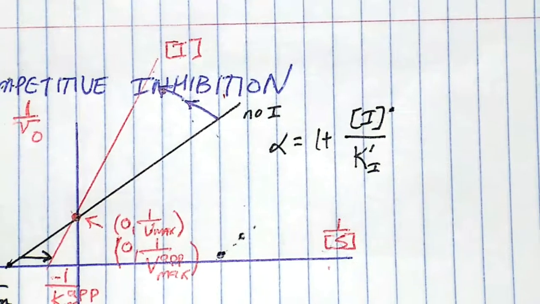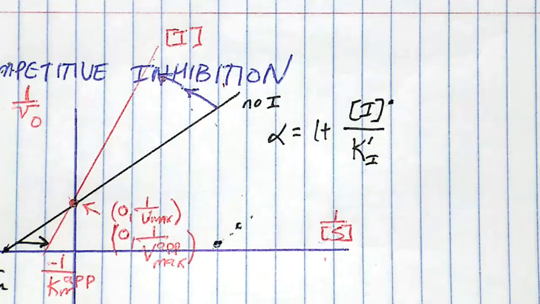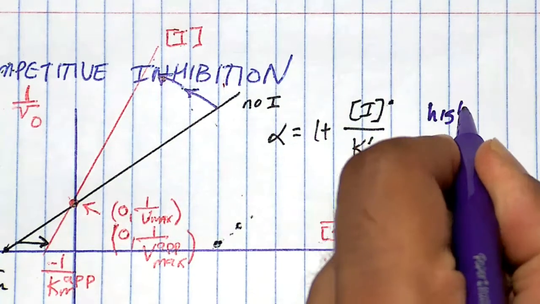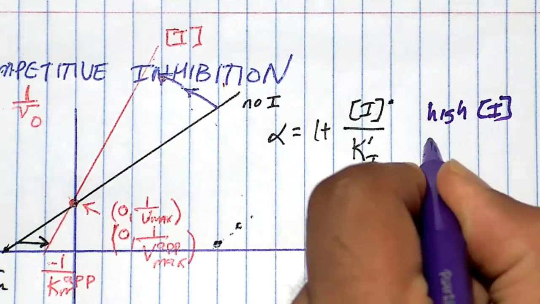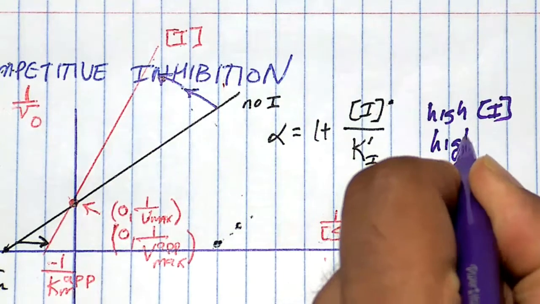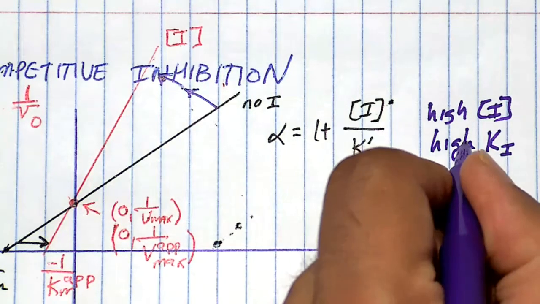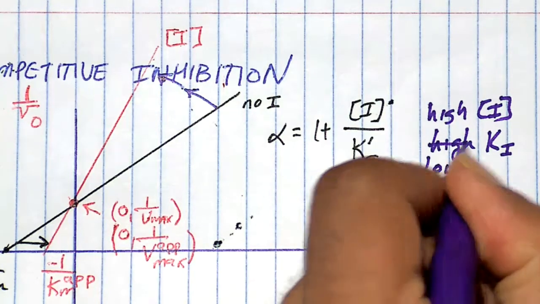So this is not something that I would emphasize or that I'm going to test you on, but a high concentration of inhibitor and a low dissociation constant.